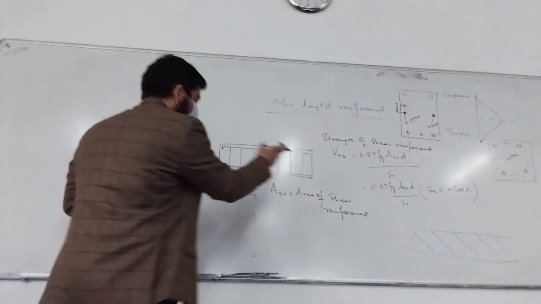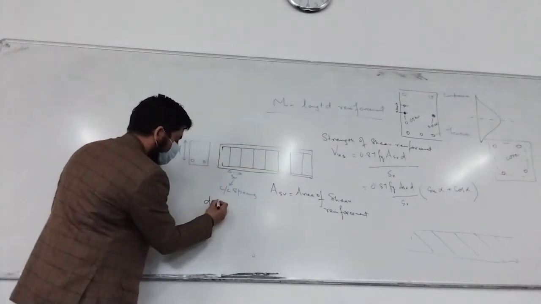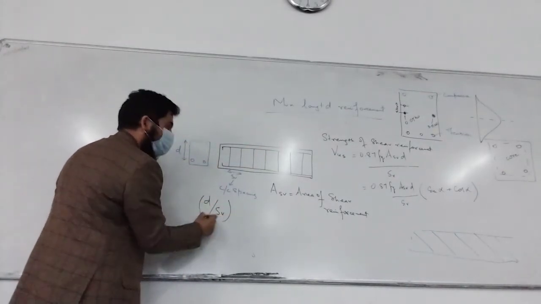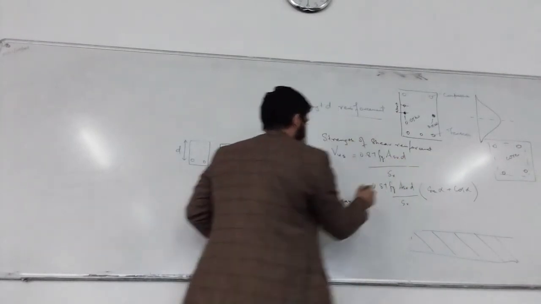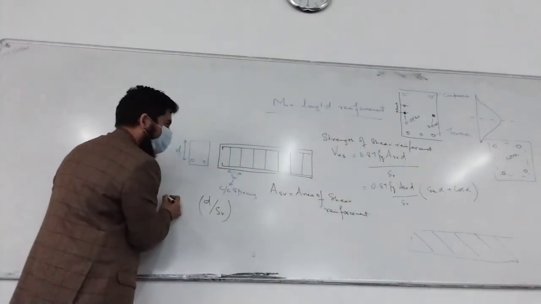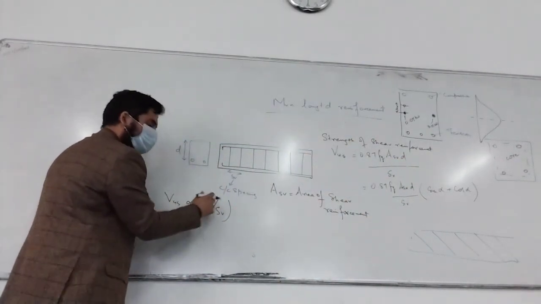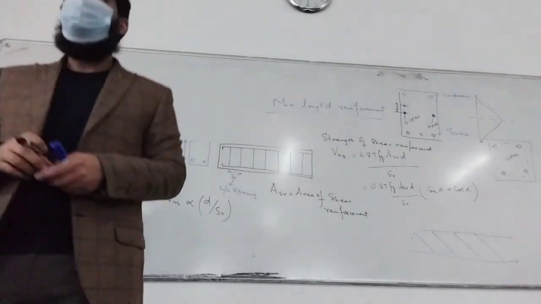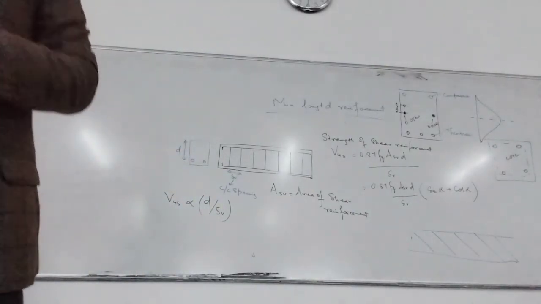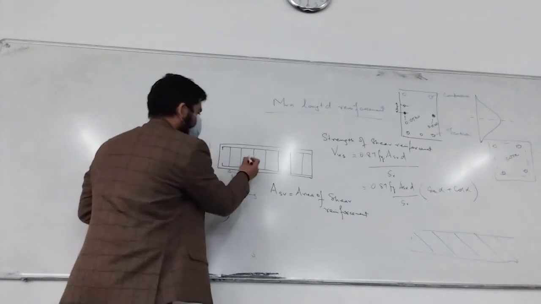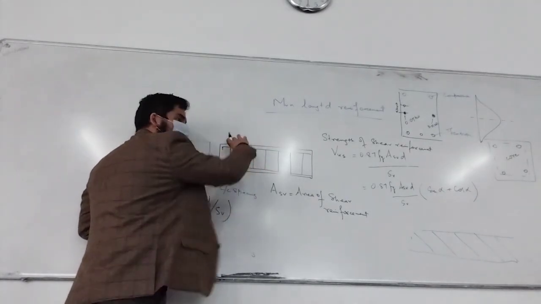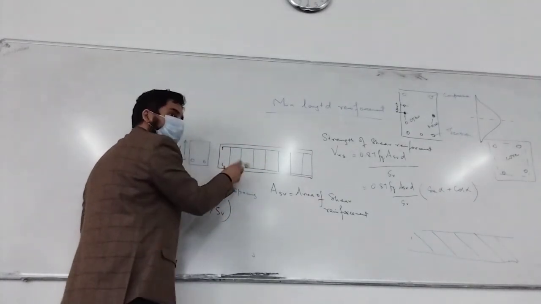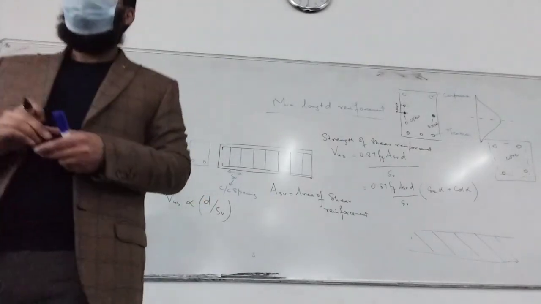If you see what is the d by Sv ratio there, ये अलग अलग मैं निकालूँ इसमें. Vus is proportional to d by Sv. What is d by Sv? What is it telling? Sv by d or d by Sv, ये रेशो आपको क्या दे रहा है?